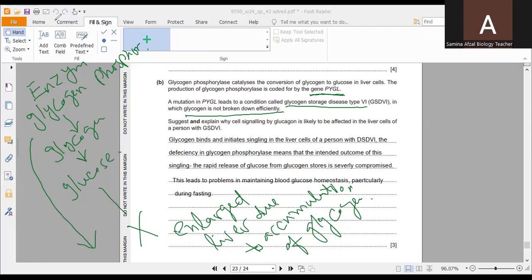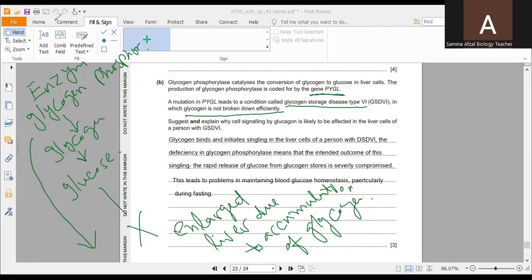This leads to problems in maintaining blood glucose homeostasis, particularly during fasting. And during fasting, the body will suffer a severe decrease in the glucose level, and in that case, the body has to face severe consequences. Due to less glucose level, the body has to suffer a lot.